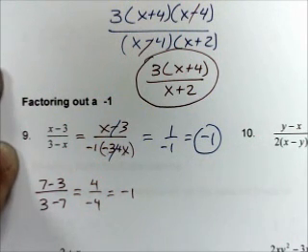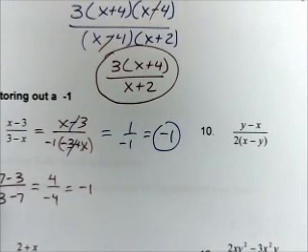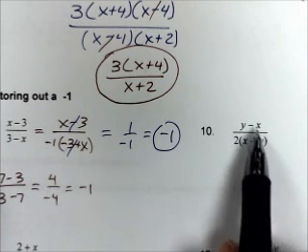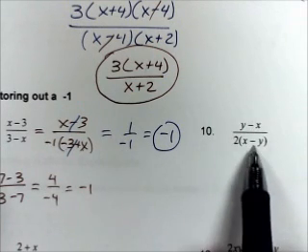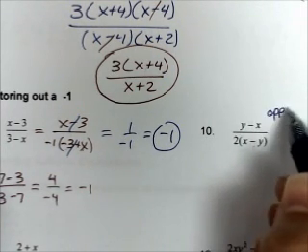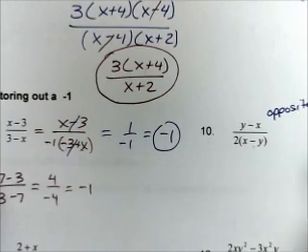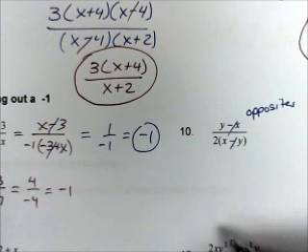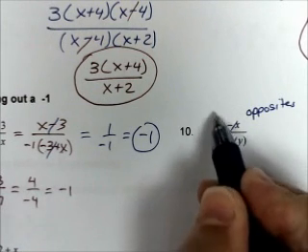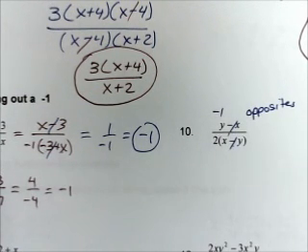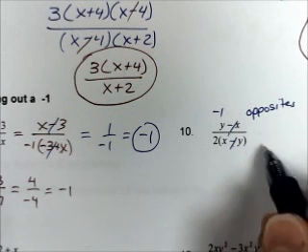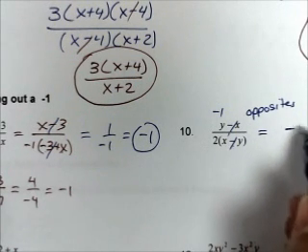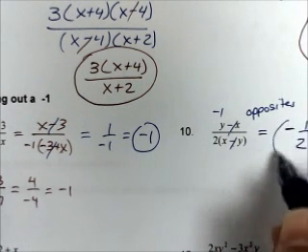So in number 10, when we have y minus x divided by 2 times x minus y, these here, I call them opposites. They are going to divide out, and you simply replace with a -1, so this would be equal to -1/2.